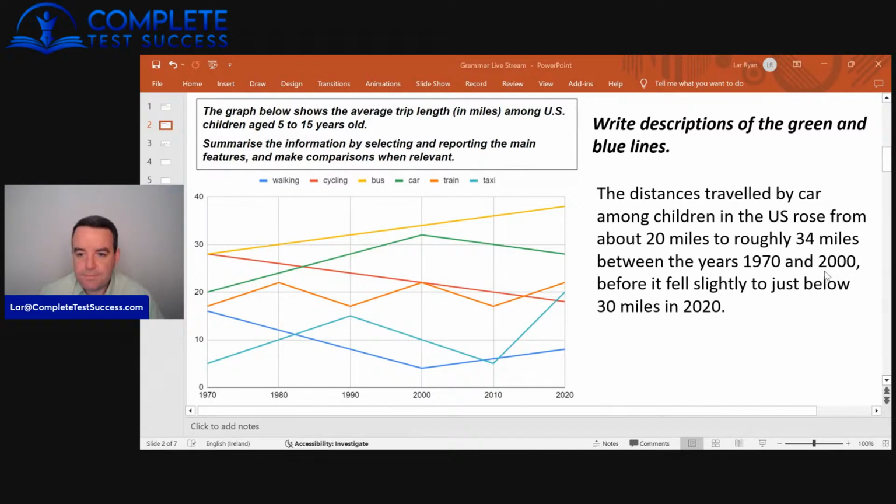So it's important to include that information in the body paragraphs. But obviously in the overview, we wouldn't include the specific details, because that would get us a band 5, maybe lower, but band 5 at the most for task achievement. So those specific details like 20 miles, 34 miles, 30 miles are essential in the body paragraphs.